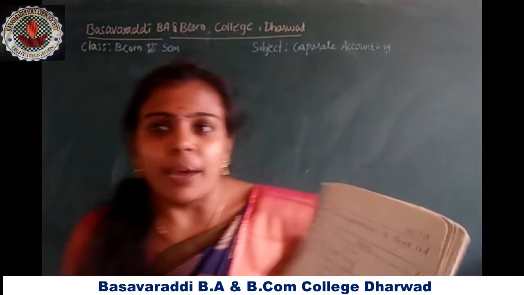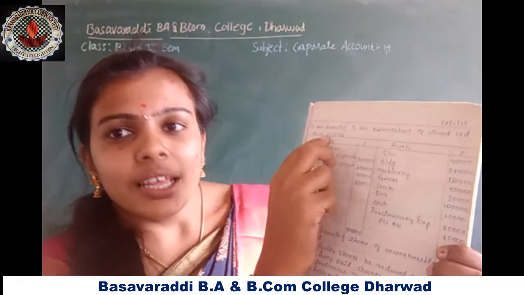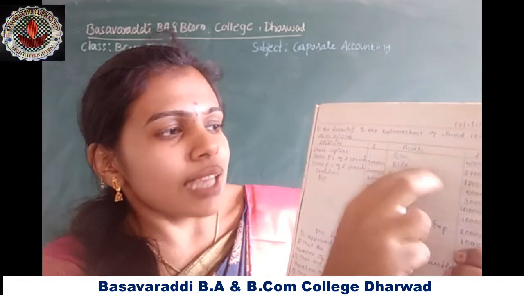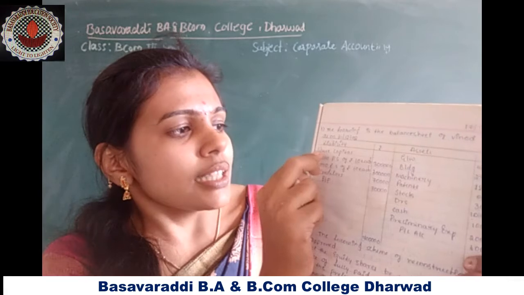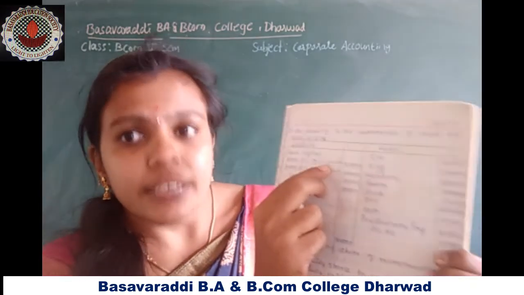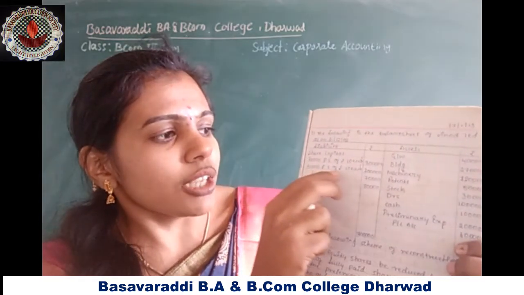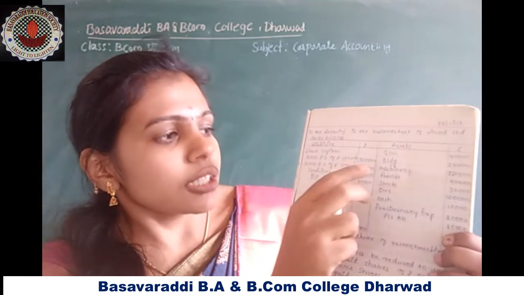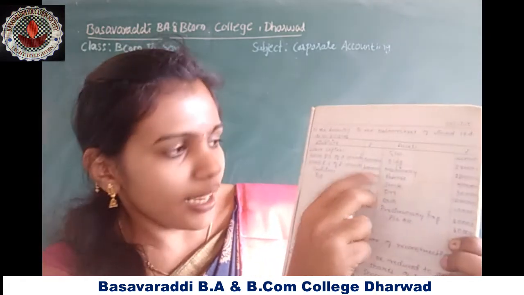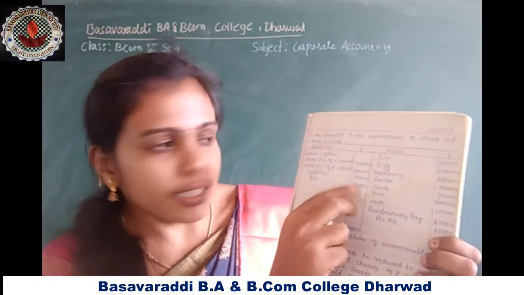The following is the balance sheet of Vinod Limited as on 31st December 2002. Liabilities: share capital, 30,000 preference shares of rupees 10 each, rupees 3 lakh, and 30,000 equity shares of rupees 10 each, 3 lakh. 30,000 into 10 is equal to 3 lakh. Creditors 70,000, bills payable 30,000.